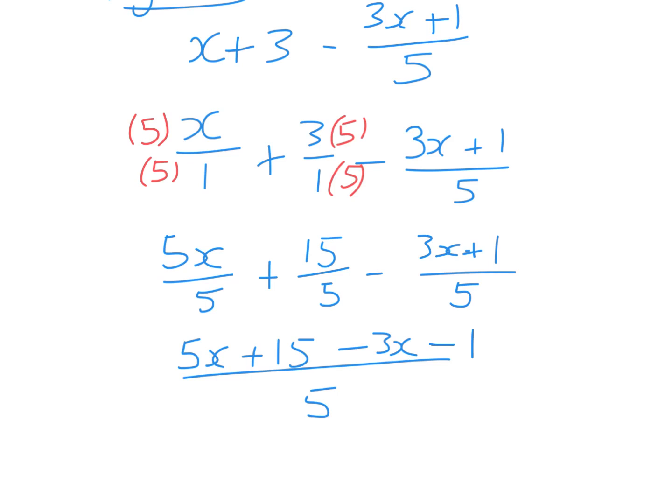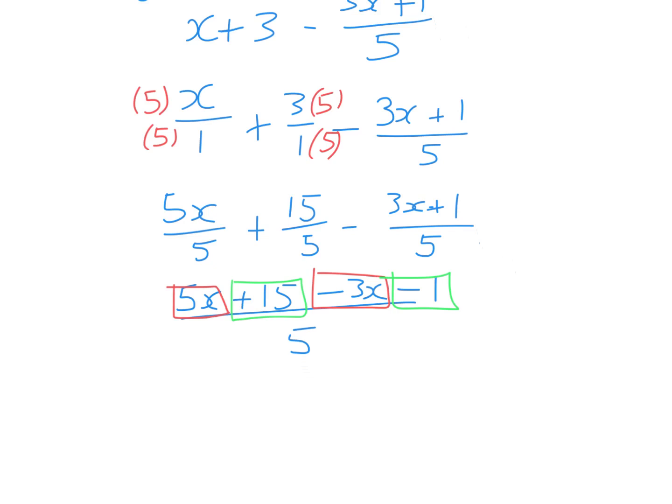So let's simplify this, again bearing in mind that our x terms can add with x terms, and our normal or constant terms can add with the other constant terms. So down below, 5x - 3x leaves us with 2x, and 15 - 1 leaves us with a positive 14.